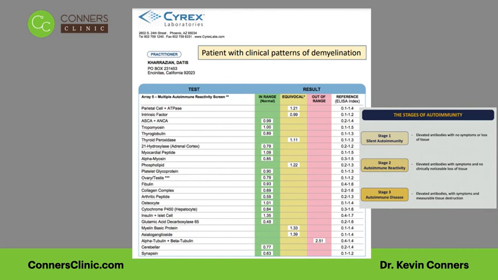Phospholipid antibodies. What cells have phospholipid? All your cell membranes. Every single cell membrane has phospholipids in it. What else is important with phospholipids? It's how you make bile. That has to do with phase 2 and 3 of your liver detox pathways. It becomes a much more complicated case when you start looking at this and say, well, maybe this is why you got some of these other symptoms.